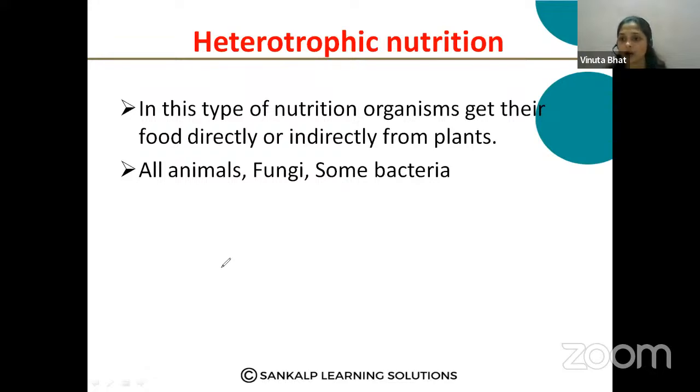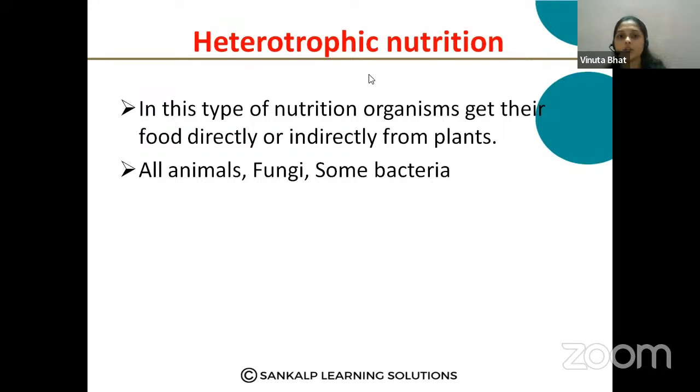The organisms which depend on plants directly are called herbivores, and the organisms which depend indirectly are called carnivores or omnivores. So all these organisms obtain nutrition through heterotrophic nutrition.